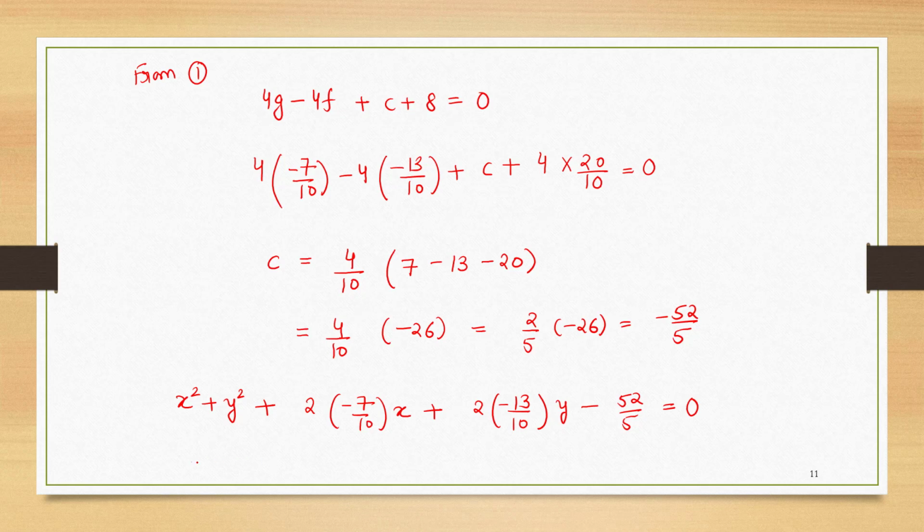Or we get x squared plus y squared minus 7 by 5 x minus 13 by 5 y minus 52 by 5 equals 0. We can multiply this equation by 5 and reduce it to a simpler form, that is 5x squared plus 5y squared minus 7x minus 13y minus 52 equals 0.